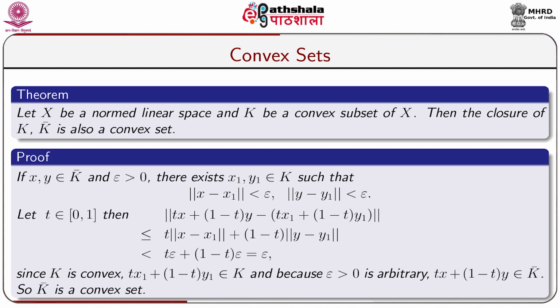This is equal to epsilon. Since K is convex, t x1 plus (1 minus t) y1 belongs to K, and because epsilon greater than 0 is arbitrary, t x plus (1 minus t) y belongs to K bar, showing that K bar is a convex set in a nonlinear space X.